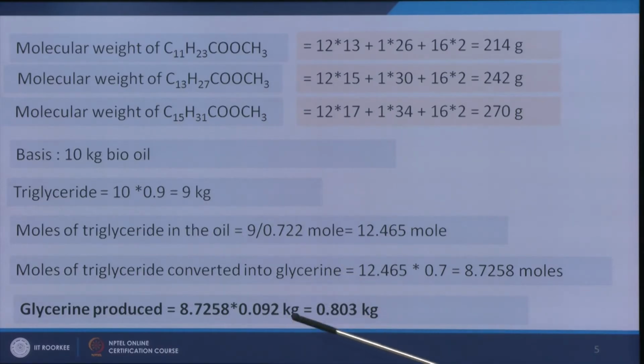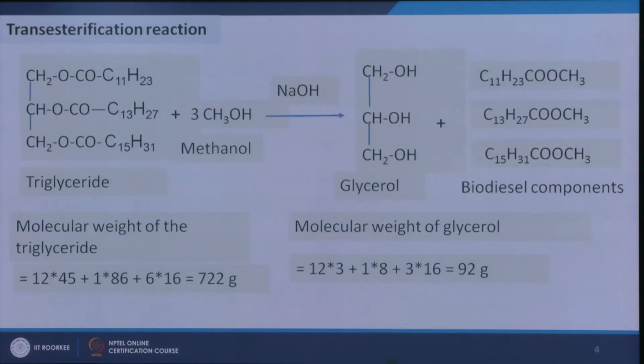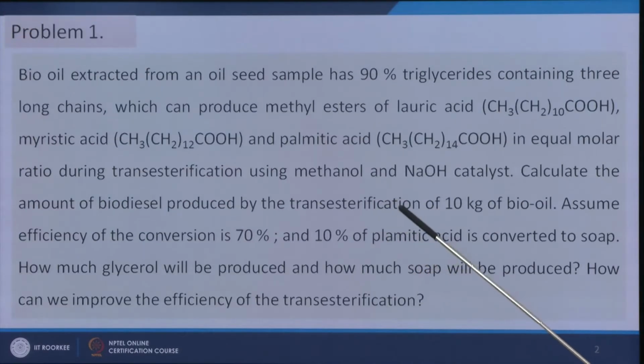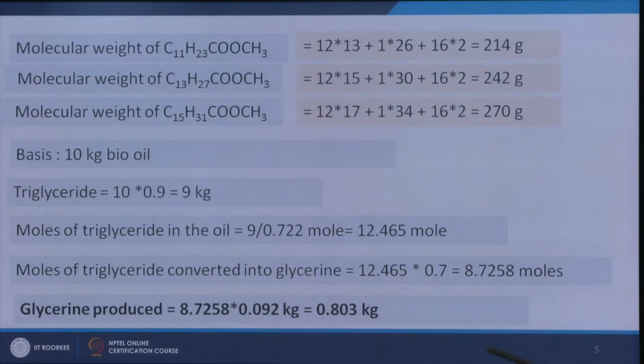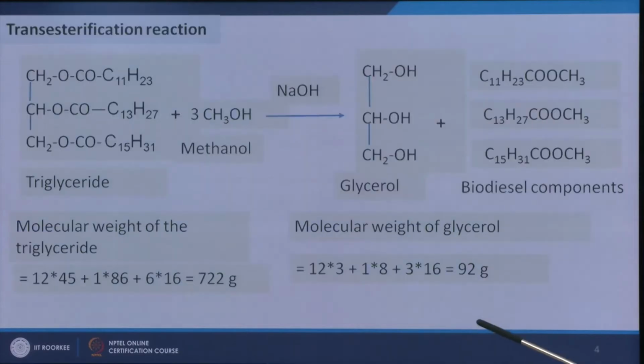Okay. So, moles of triglyceride converted into glycerin equal to how much? In the problem it is given that 70% is converted. So, out of this 12.465 moles, 70%, that is 0.7, is converted, which equals 8.7258 moles. So, this many moles of triglycerides are converted. What is our reaction?